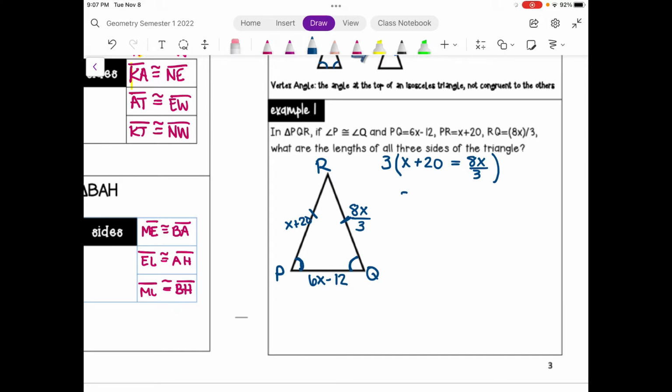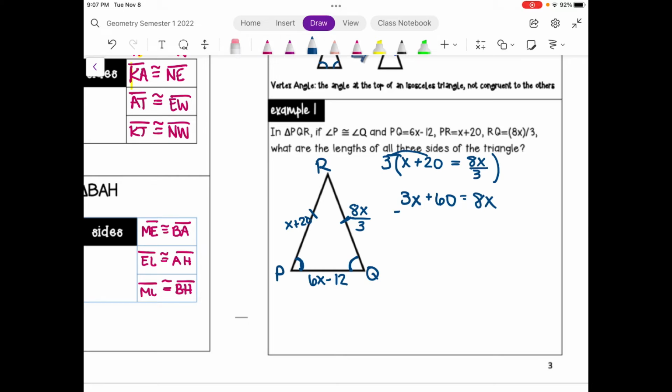So 3 times x becomes 3x. 3 times 20 is 20, 40, 60. And then when we do 3 times 8x over 3, the 3's cancel, and I'm just left with 8x. Then I want to combine the x's together. So I'm going to subtract 3x from both sides. That's going to leave me with 60 equals 5x.